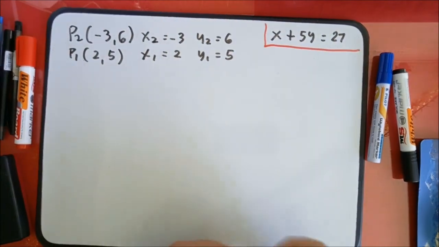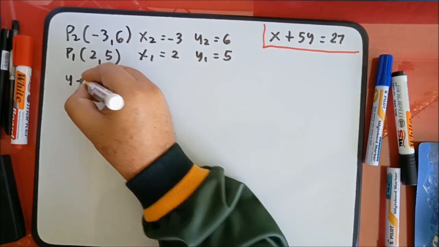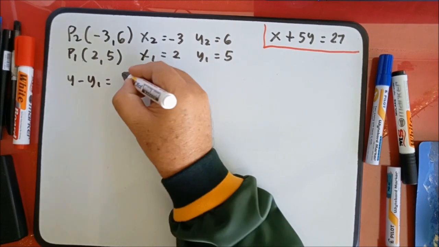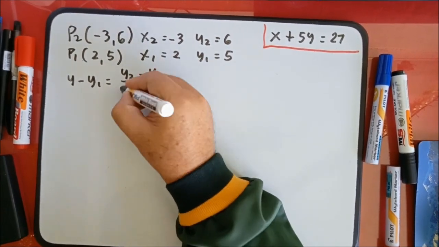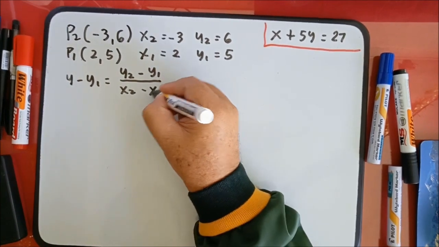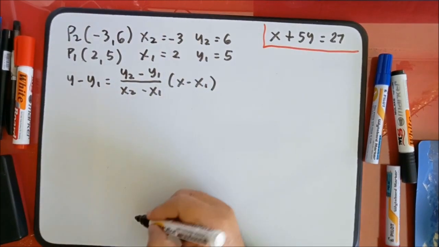Standard form. Okay. So, again, y minus y sub 1 is equals to y sub 2 minus y sub 1 over x sub 2 minus x sub 1 times x minus x sub 1.